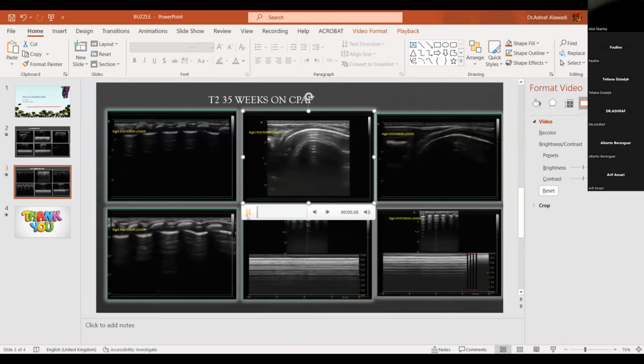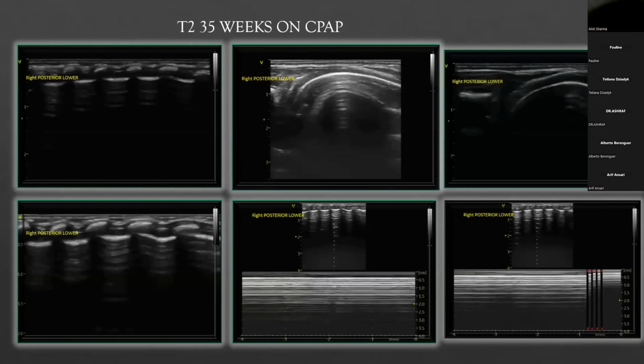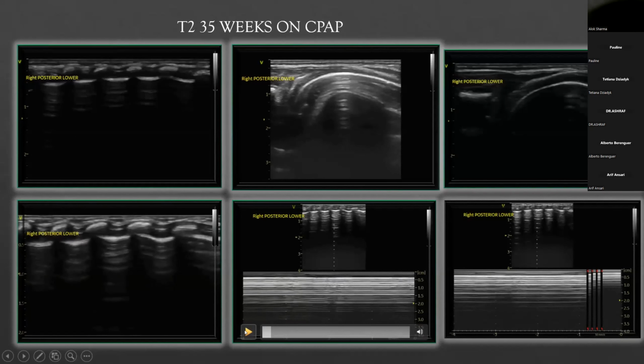So, Alberto, what do we think about the sliding in the top image? I think there's sliding at the right side, but in the middle I'm not so sure. I can see sliding throughout. And what we're getting at the bottom here is a barcode sign.